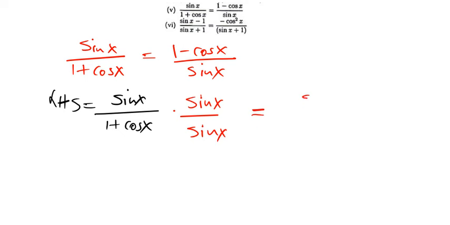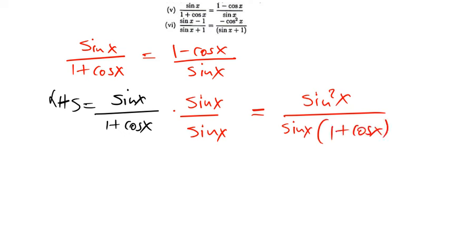So then we have sine squared of x over sine of x, and then we have 1 plus cosine of x. Now the numerator on top there can be expressed as 1 minus cosine squared of x over sine of x, 1 plus cosine of x.